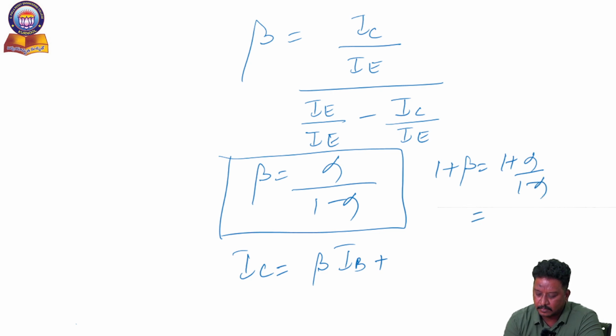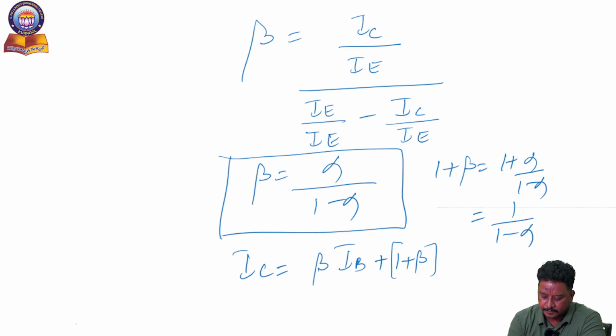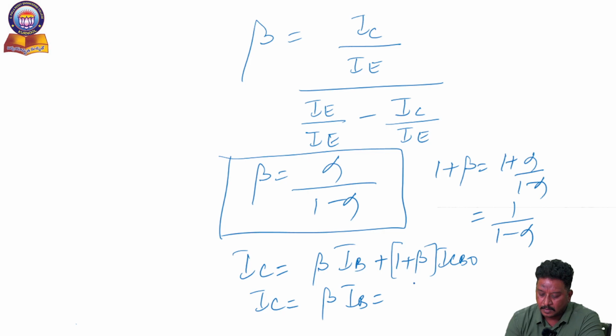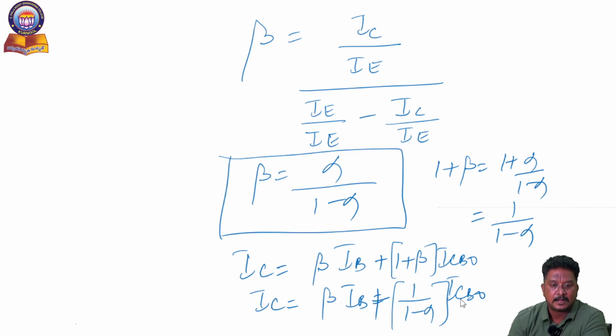This I can conclude as 1 by 1 minus alpha, so that 1 plus beta of ICB naught. So IC is equal to beta IB plus 1 plus beta ICB naught. So that is the current equation for common emitter configuration.